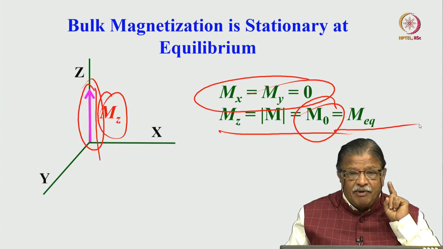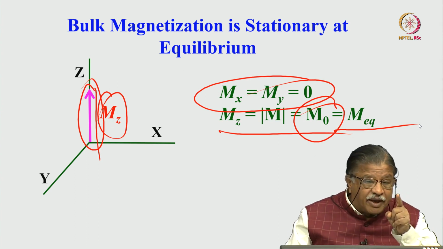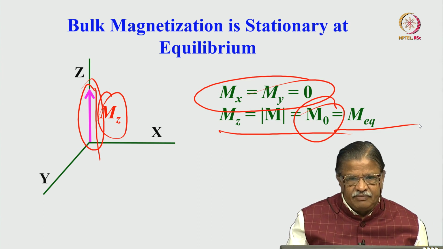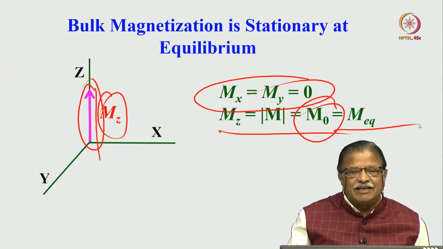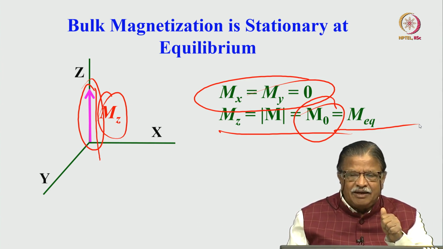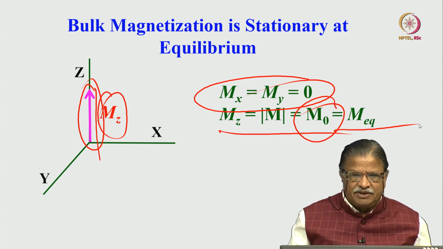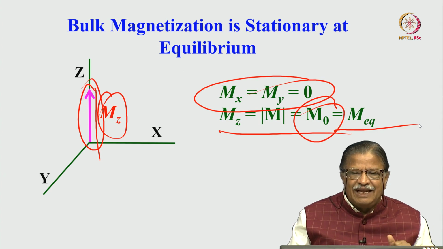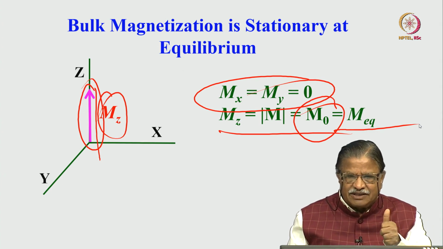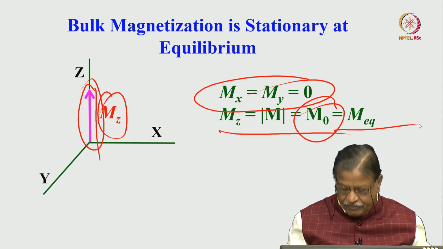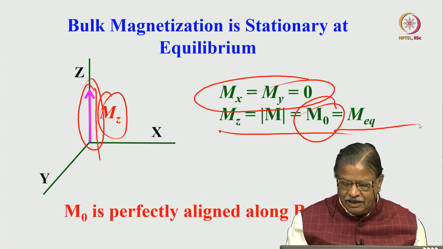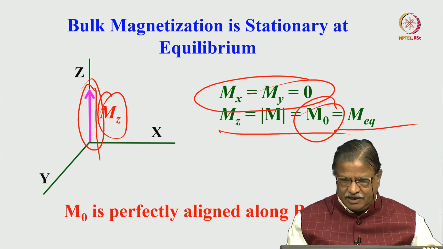It is not moving. Remember, individual magnetic moments are moving. When I take into account the random phase approximation, then I can generate a tiny magnet, because of the difference in spin population and addition of vectors along plus z and minus z. Then this tiny magnet is a bulk magnetization which is stationary along the z axis and is perfectly aligned along the z axis, along the B naught field.